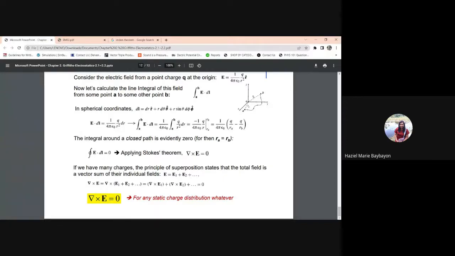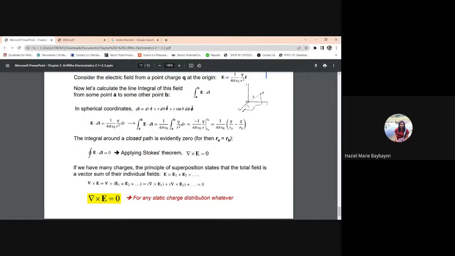So if we take the closed integral of E dot dl, for example, if r sub A is equal to r sub B, then this becomes 0. Okay? So Q over r sub A minus Q over r sub A, if they are the same, this will become 0. Now, if we apply Stokes' theorem, we have the closed integral of E dot dl is equal to 0.